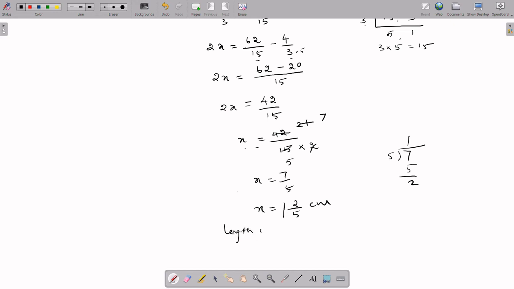So the length of the equal sides of the triangle is 1 2/5 centimeter. Okay. And now we pass on to the next problem.